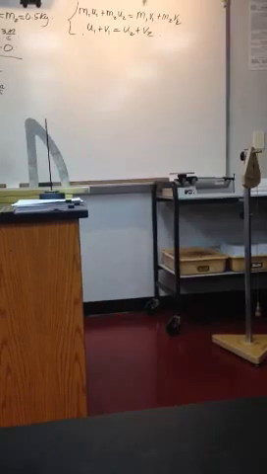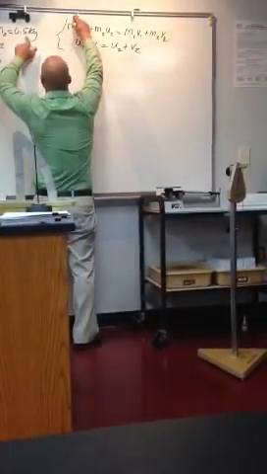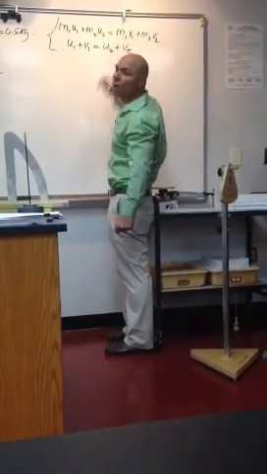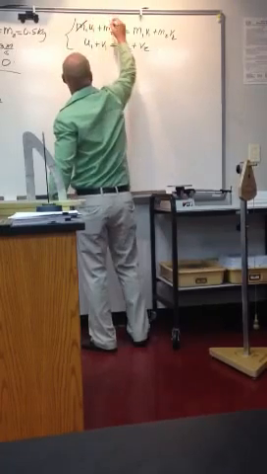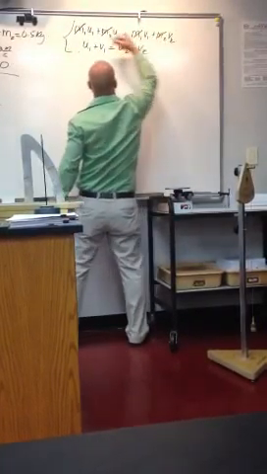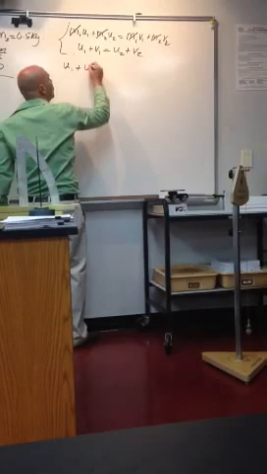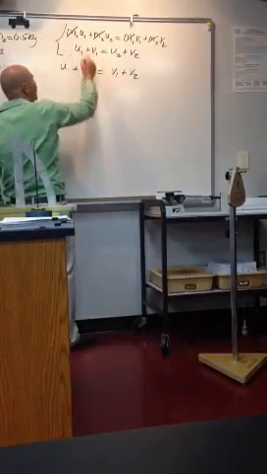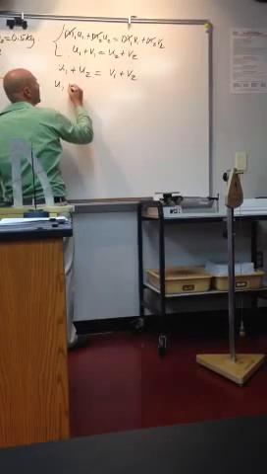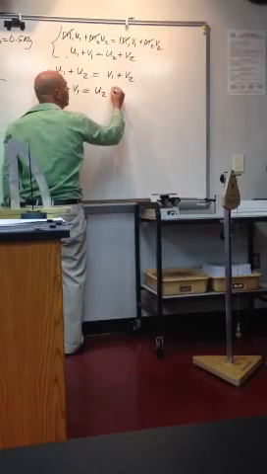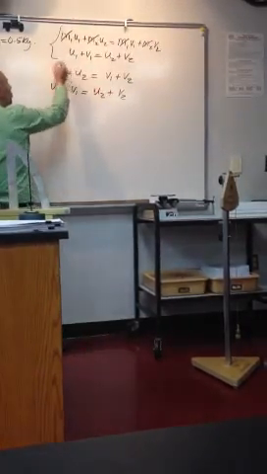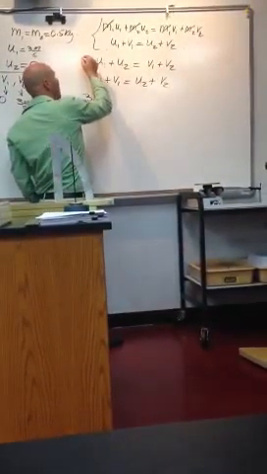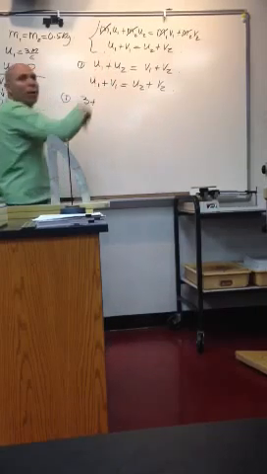Let's start plugging in. If this is 0.5, this is 0.5, this is 0.5, and this is 0.5, what will happen? So I have U1 plus U2 equal V1 plus V2. On the other side, I have U1 plus V1 equal U2 plus V2. U1 is how much? 3. I am in my first equation. You need to work with the two equations together.